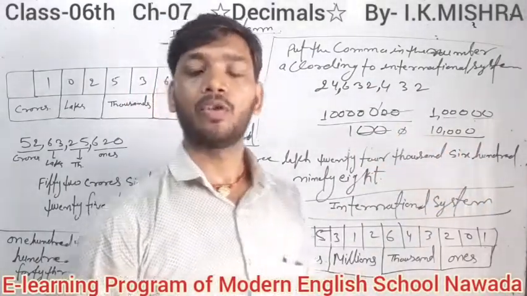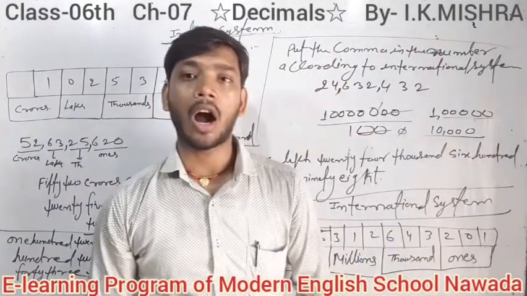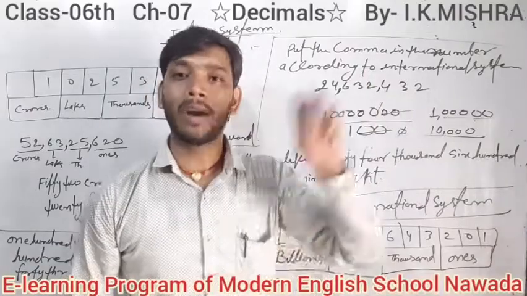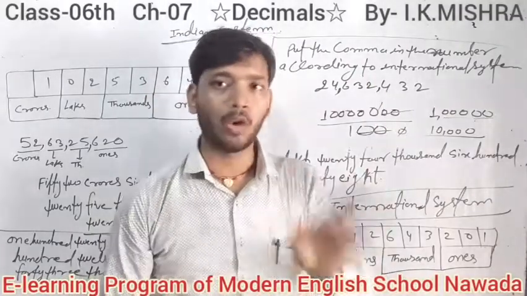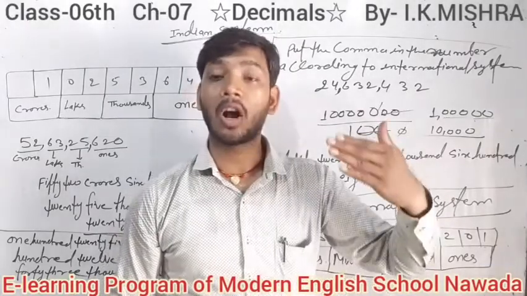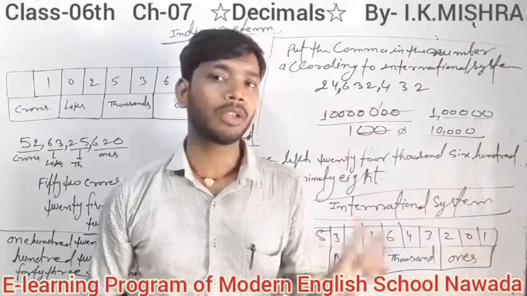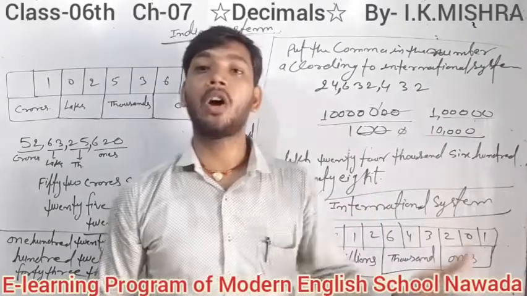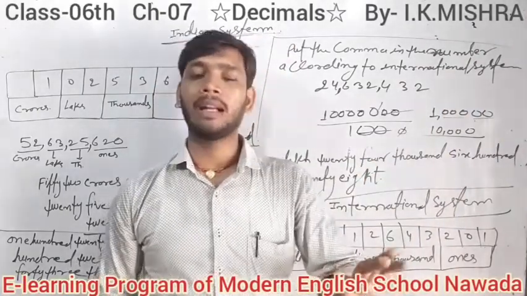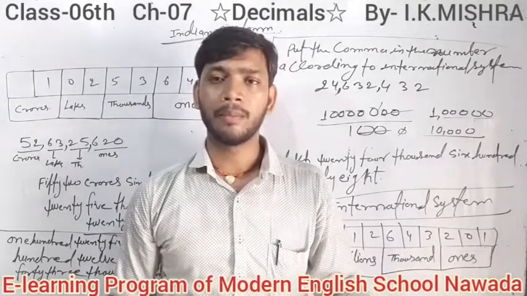Similarly, students, you will have to answer questions like how many hundreds, how many thousands in 1 million, 1 billion. First of all write 1 billion or 1 million, and then divide. If the question asks how many thousands, divide by 1000. If it asks how many hundreds, or how many 10,000s, then divide by hundreds or 10,000s.